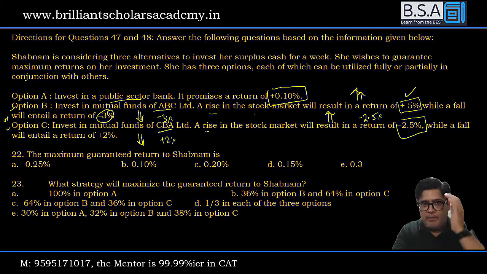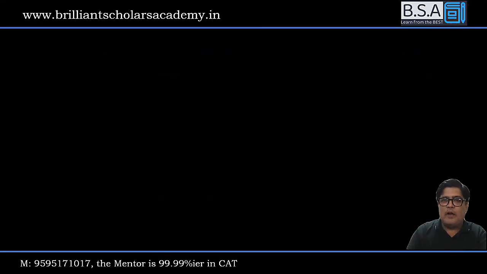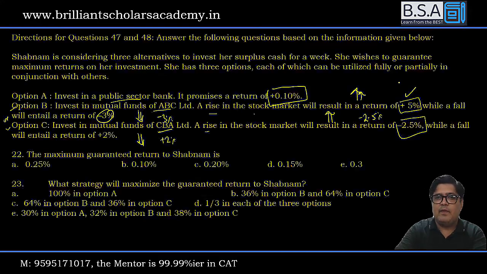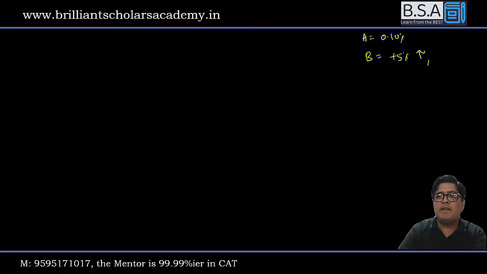Let me first paint a picture for you. क्या क्या हो रहा है? A is fixed 0.10%. What is B? B is 5% positive, market goes up. And 3% decrease in the investment, market goes down. What is C?